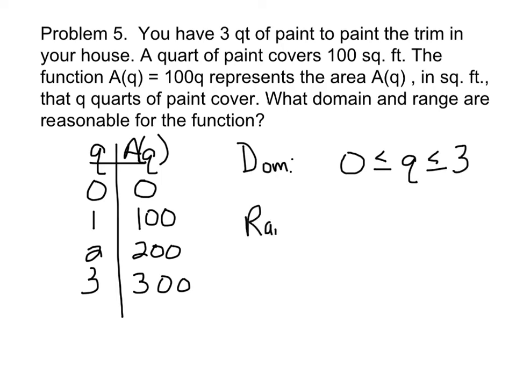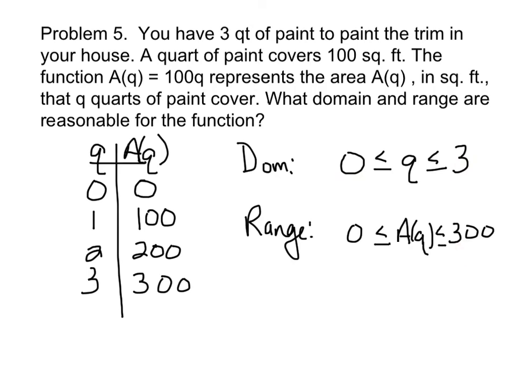Your range: the minimum is 0, the maximum is 300. So we know that our area, A of Q, has to be greater than or equal to 0, but less than or equal to 300. Remember how you can read this? Domain is 0 to 3 inclusive, range is from 0 to 300 inclusive.